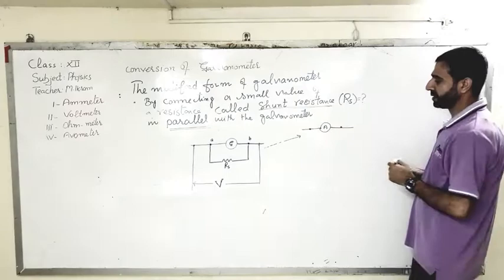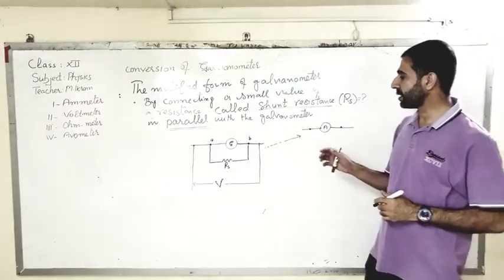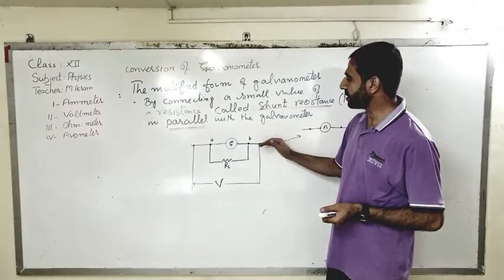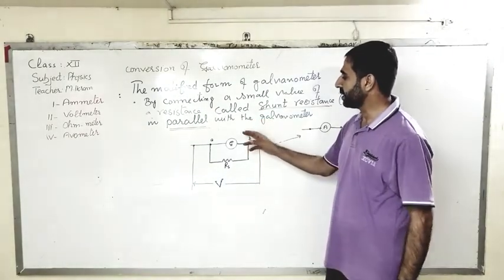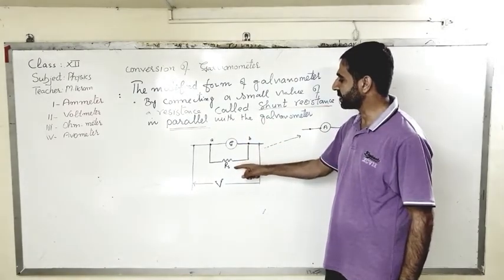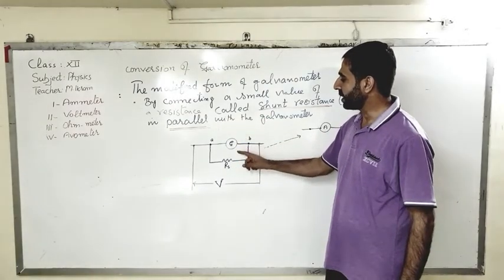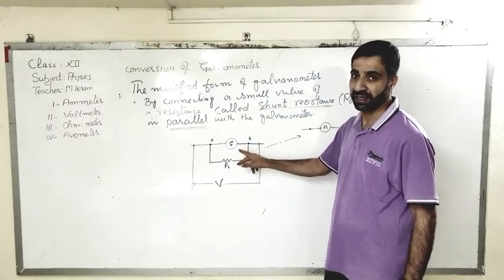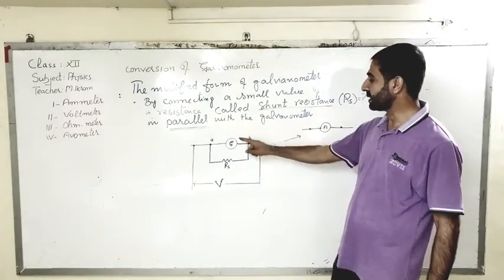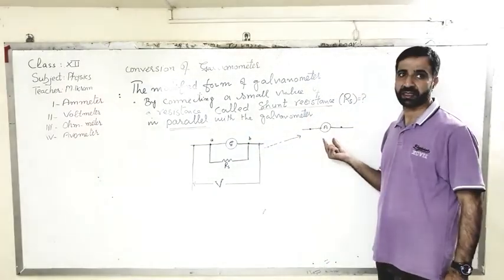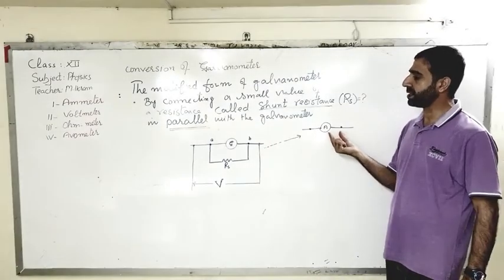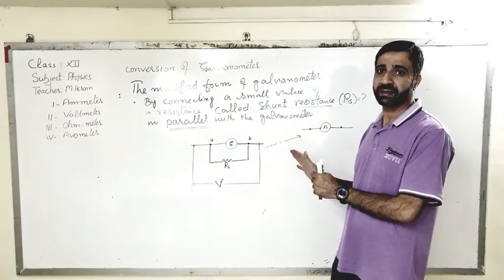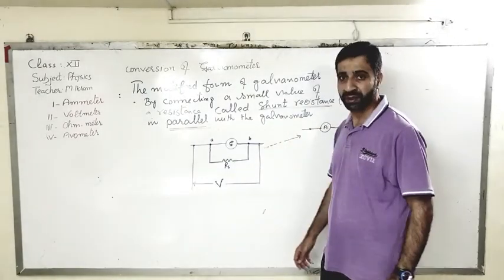This is our ammeter, and this should not confuse you, class. If you think that I have connected the shunt resistance with the galvanometer in parallel, don't confuse this with the measurement of current, right? For measuring the current, whether it is galvanometer or ammeter, it will be connected in series with the resistor, with the appliance, or with the EMF source, right?